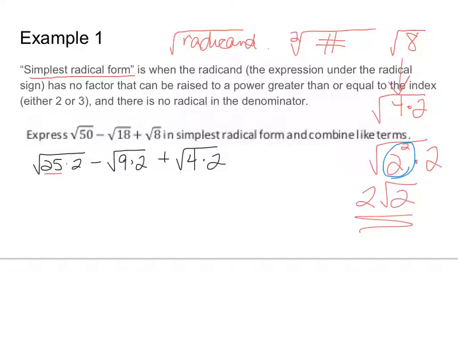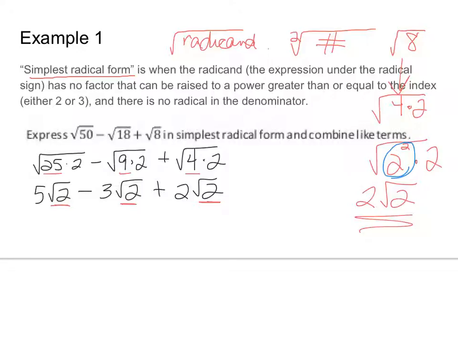Now, the perfect squares, I can actually take the square root of. So the square root of 25 is 5. The 2 is left underneath the radical sign. The square root of 9 is 3. The 2 is left there. And the square root of 4 is 2. The 2 is left there. Now, because I have square root of 2 for each one of these terms, I can combine like terms.